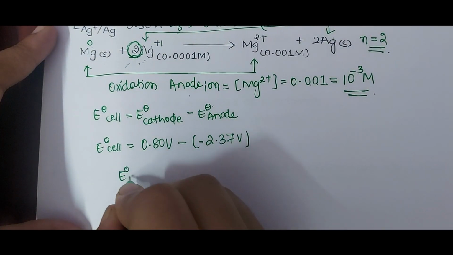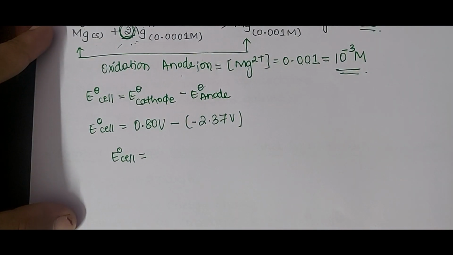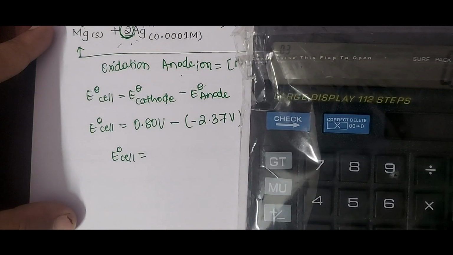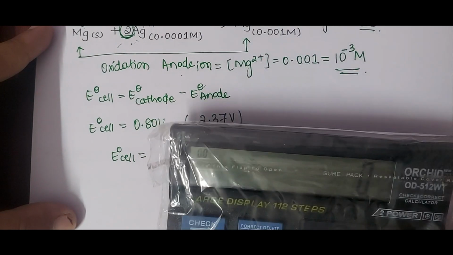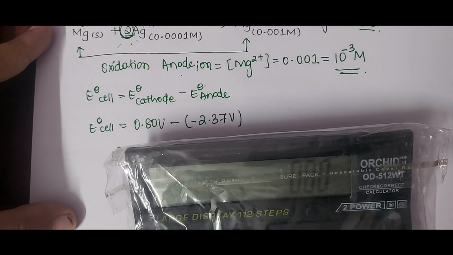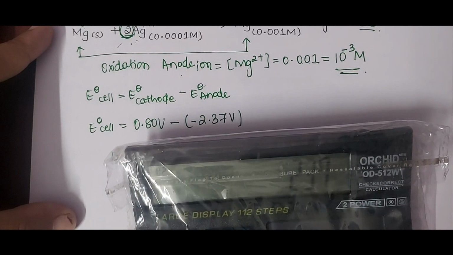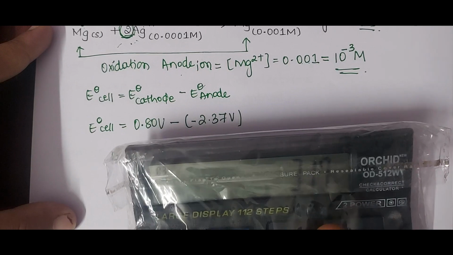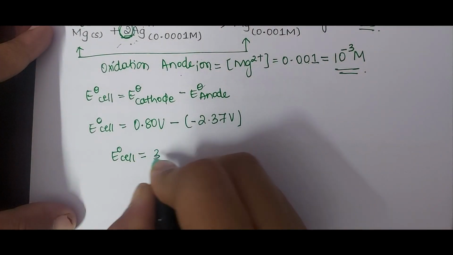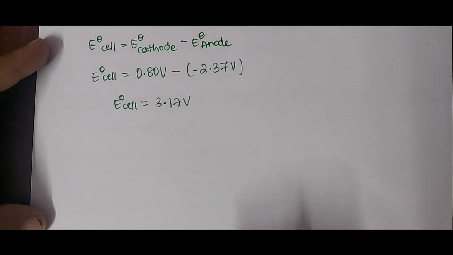So when we simplify it, how much do we get, we'll check it. 0.80 plus 2.37, which is equal to 3.17 volt. So we get it as 3.17 volt. So we have got all the values.